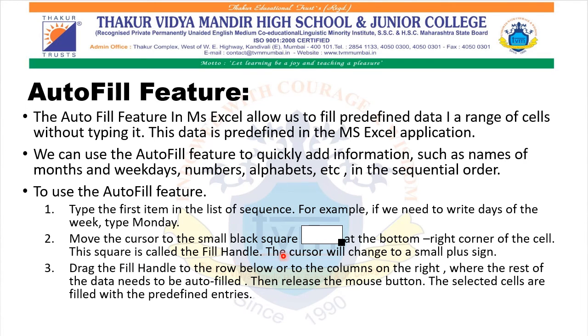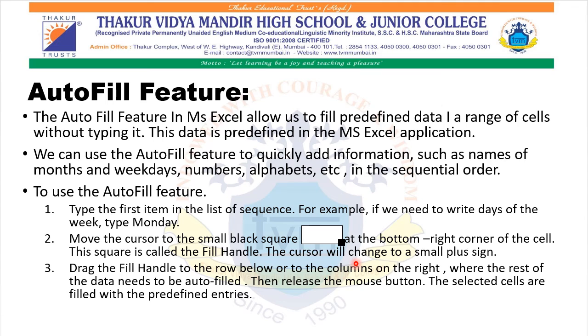When you place the cursor over this fill handle, the cursor changes to a plus symbol. Now drag the fill handle towards the rows below or the columns towards the right side, where the rest of the data needs to be autofilled.